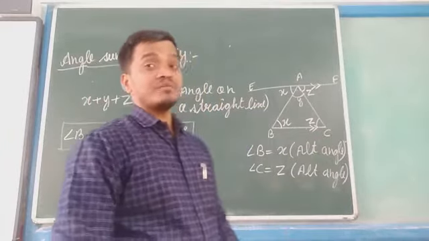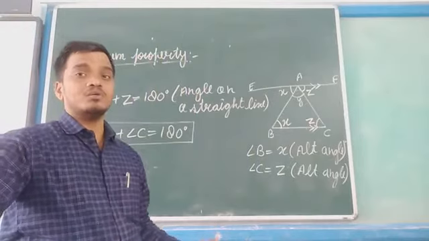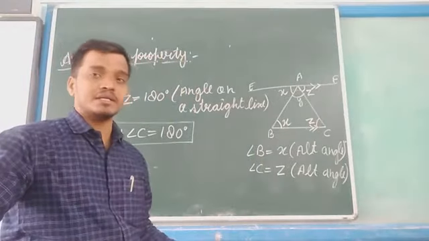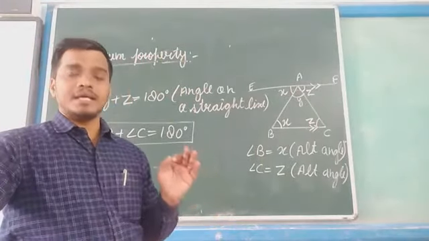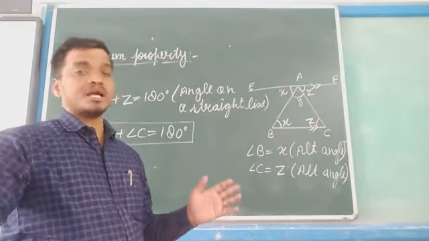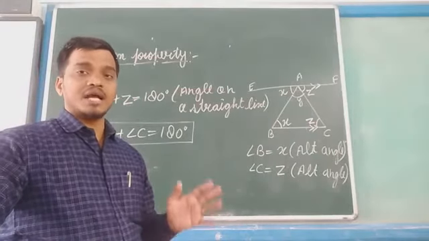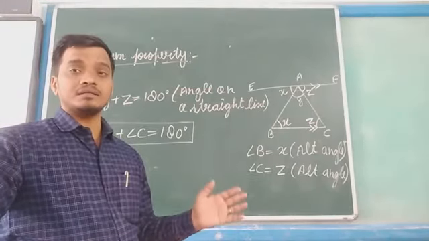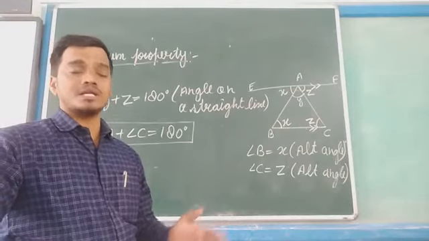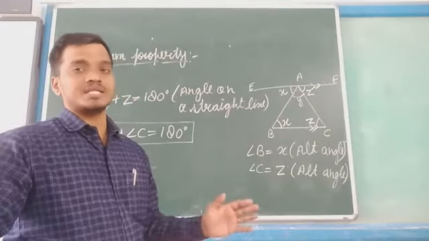So this way we can prove how the sum of all the angles in a triangle is 180 degrees. Don't forget it. Whatever kind of triangle it is, acute angle, obtuse angle, right angle, scalene, isosceles or equilateral, the sum of all the angles is always 180 degrees.